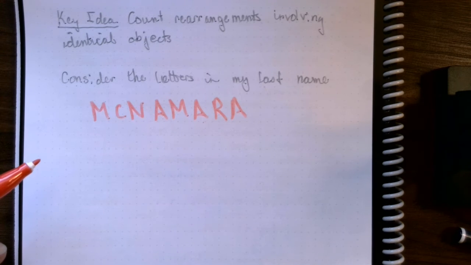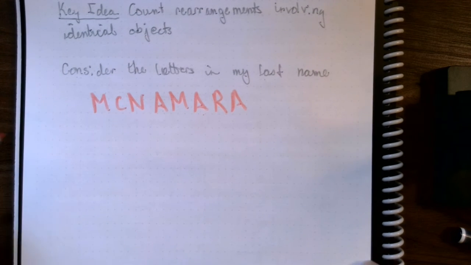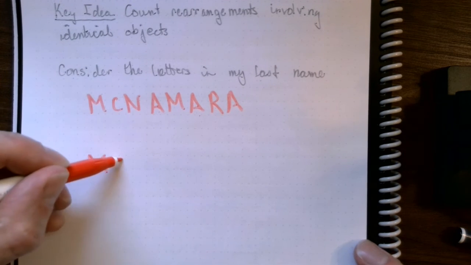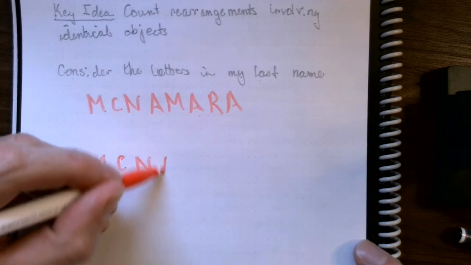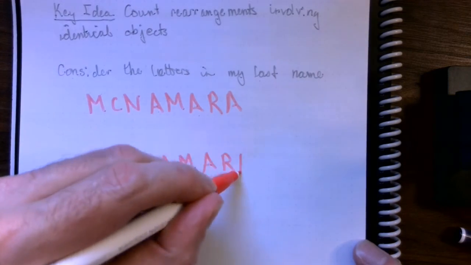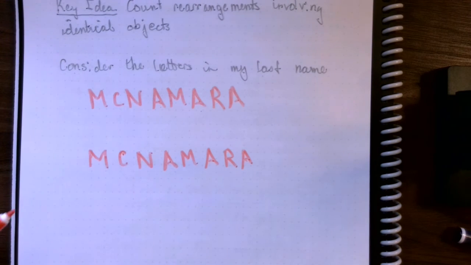Okay, well let me just do one example of a scramble here. I'm going to scramble the letters of my last name. And that's my result. Now you might say, well, you didn't do anything. You didn't scramble any of the letters. They're all in their starting positions, but I did.